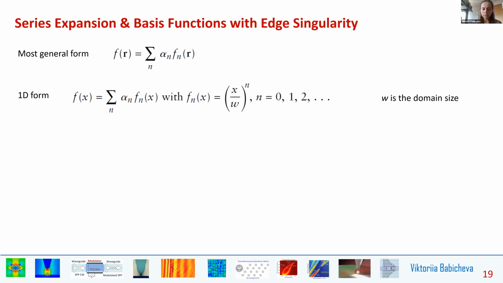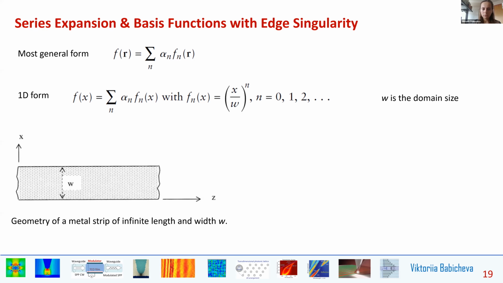So we are going to describe some efficient basis functions used in the study, for example, for metal strips and slots. If we talk about the basis function with edge singularity, then we consider an infinitely long metal strip.